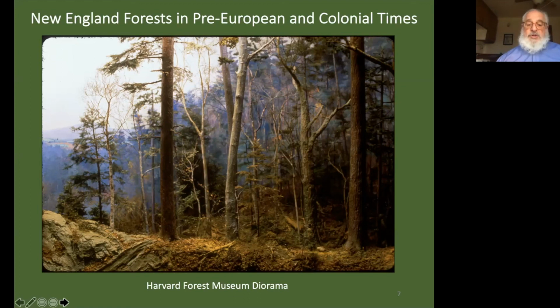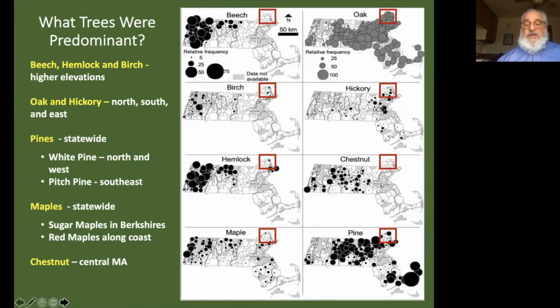There are large trees and smaller trees in the understory. It looks like there's maybe some kind of small trees here waiting to get started once the larger trees might die. But a thick forest, and certainly an important part of the indigenous peoples' world.